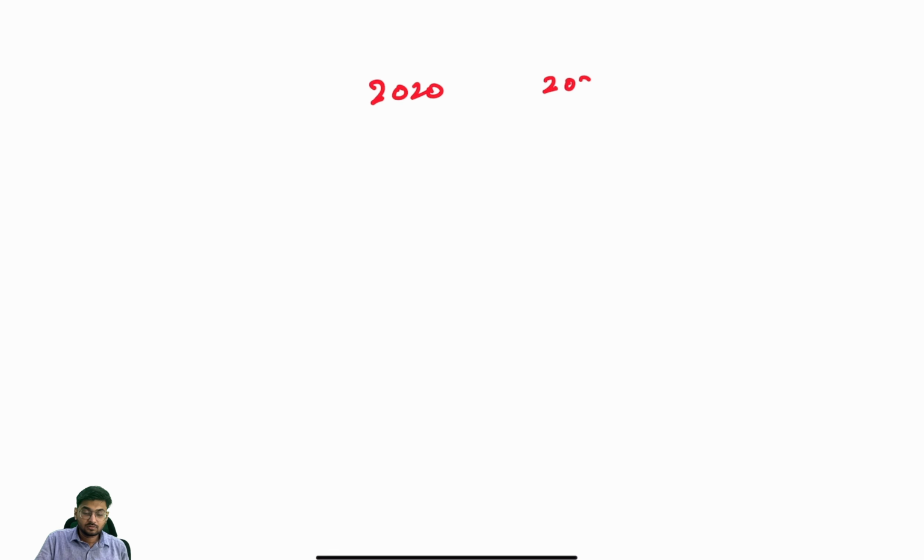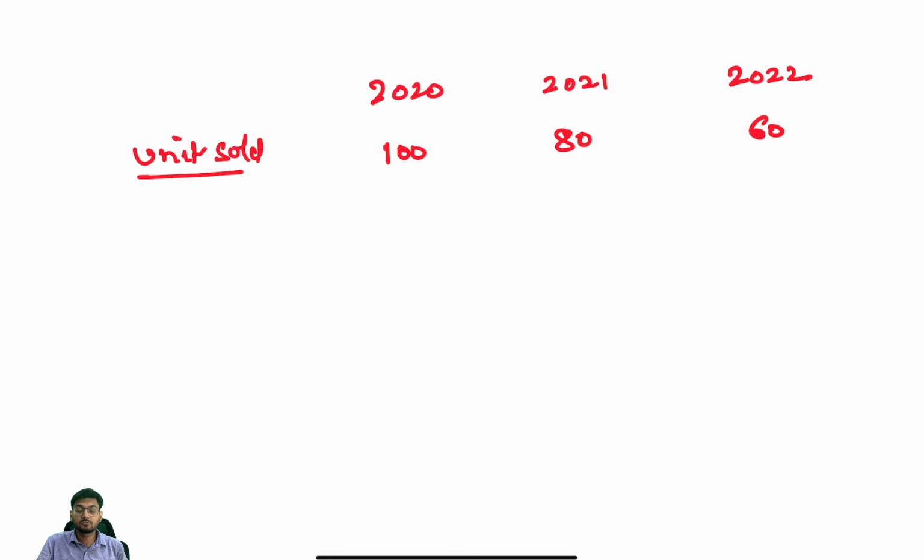2020, 21, 22 units sold. Let's say 100, say 120, and okay, rather than 120, let us make it 80 and then 60. Clear? These are the units sold. Now price, because of the inflation, prices have increased.